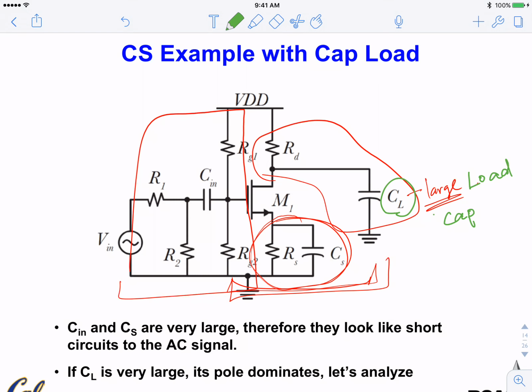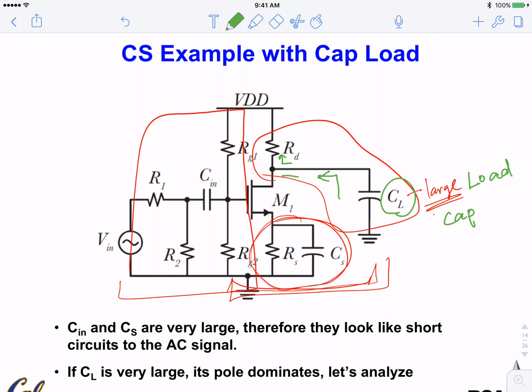So for your output stage, you need to design your circuit so that when you look into this large capacitance node, you don't see high impedance. If you just have a common source and you look up, you see RD.